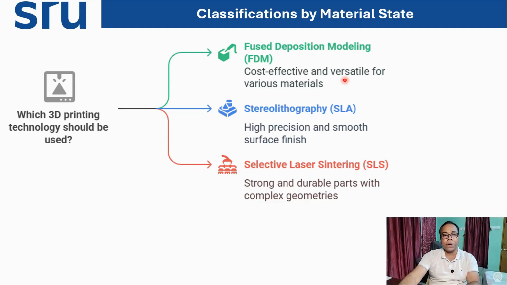Now coming to the material in the form of liquid, where the raw material is a liquid material. Based on that, the classification is called stereolithography or SLA. It has very high precision and a smooth surface finish after 3D printing using this liquid material.